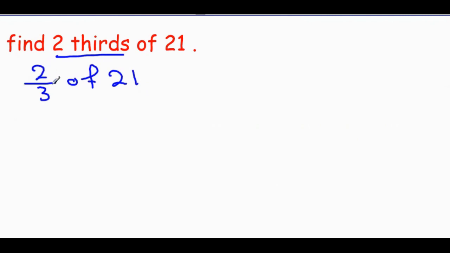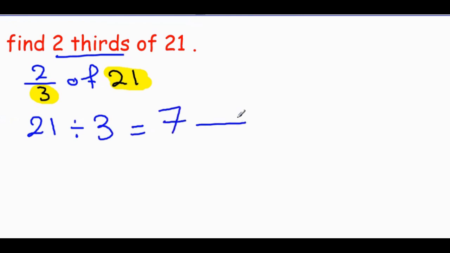As I learned, 2/3 means 2 out of 3 equal parts. That means I should break the whole 21 into 3 equal parts. And that happens when I divide 21 by 3, which is equal to 7. This 7 is the value of 1 part out of 3 parts.